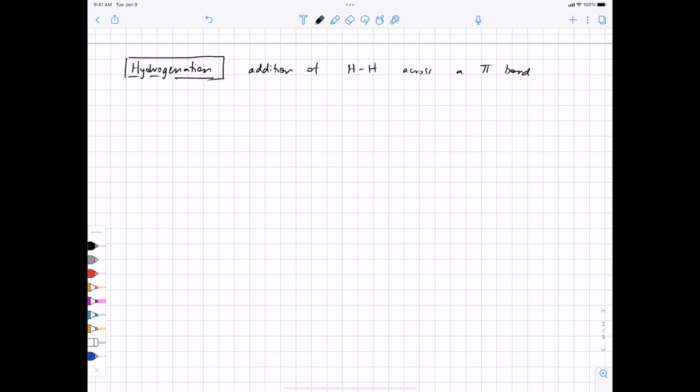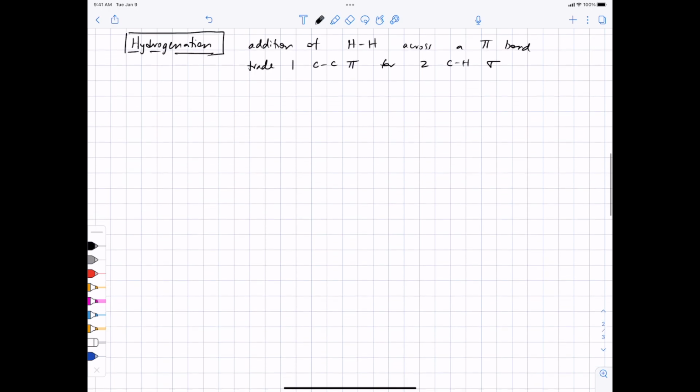So it's sort of weird because it sort of falls into the chapter 10 theme of adding to a pi bond, but it's a reduction reaction because you're going to increase the number of carbon-hydrogen bonds by 2. You're going to trade 1 carbon-carbon pi bond for 2 carbon-hydrogen sigma bonds. And so this is going to be exothermic.